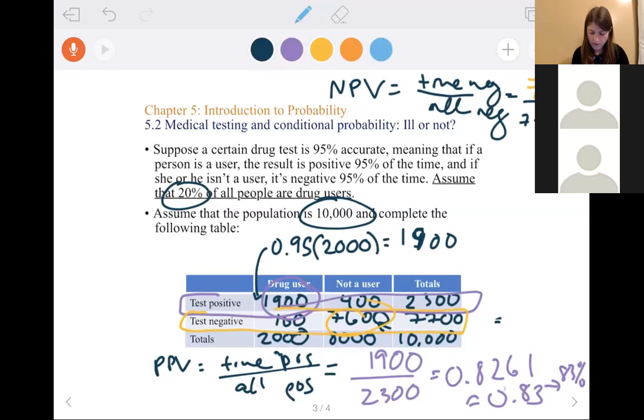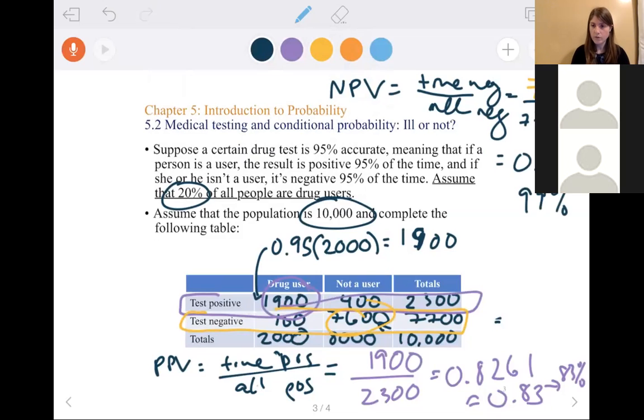That's 7,600. So we'll drop that into Decimals, and that one comes out to be 0.9870, or about, to 2 decimal places, 99% for our NPV.